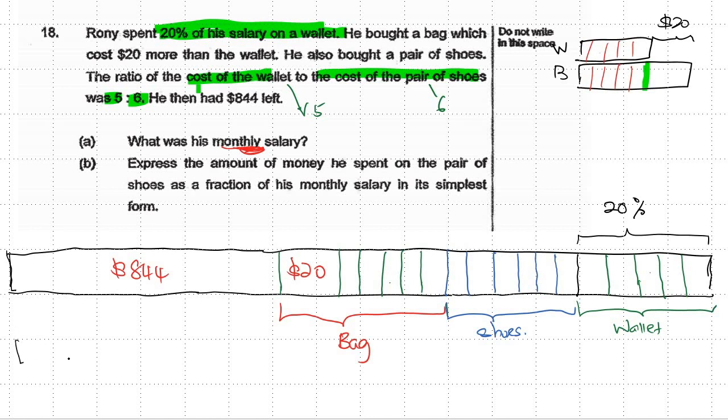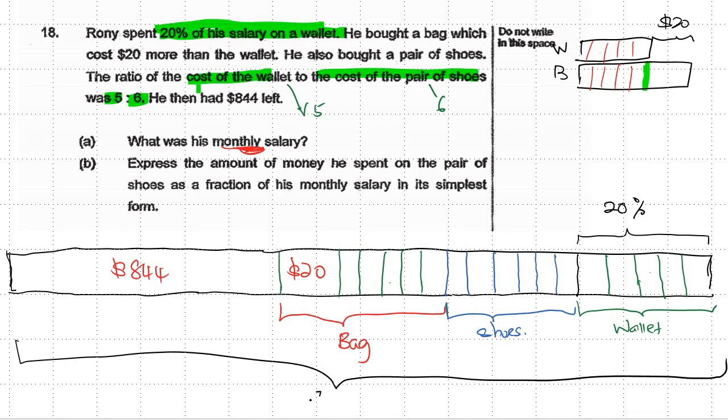If I draw here, everything here is 25 units. This is 5 units, this is 6 units, and this is 5 units. His total salary is equal to how much? If you notice, 60% is actually 15 units already. Because this is 20%, here is another 5, and here is 20% also.